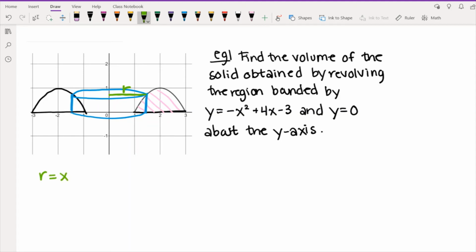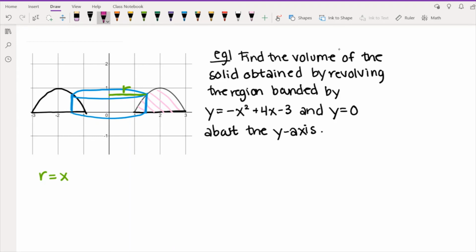Why is that? Well, the radius still is supposed to be every single x value. The only difference is that now the x values should start at 1. You wouldn't want a cylinder in the hole, because that's not part of the shape. We accomplish that by restricting the bounds.